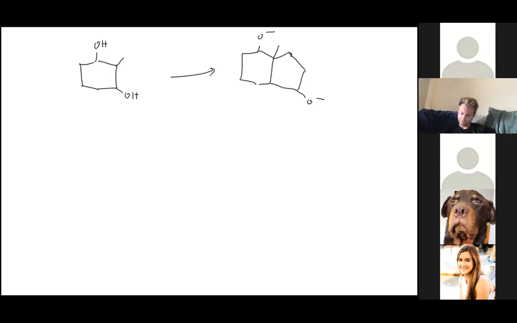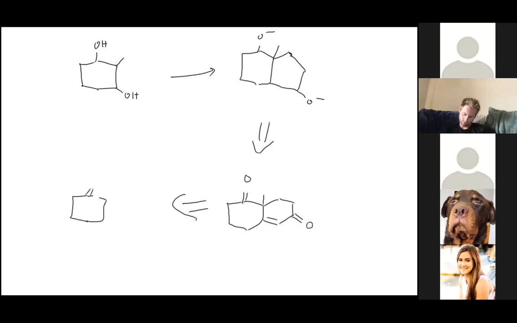The product of our Robinson annulation is going to look something like this here, which would come from these components. With this in mind, we can construct our synthesis around this.